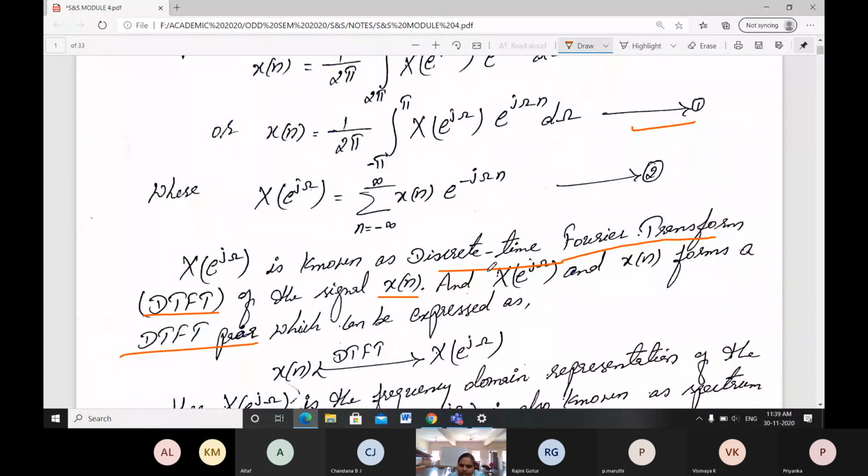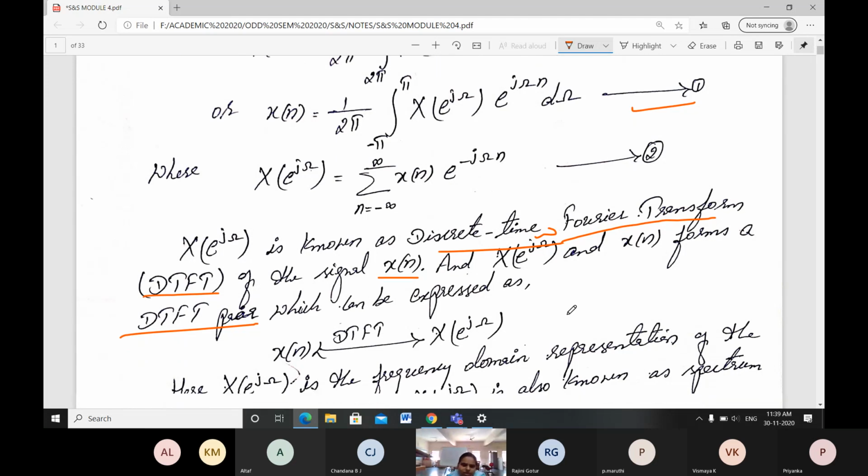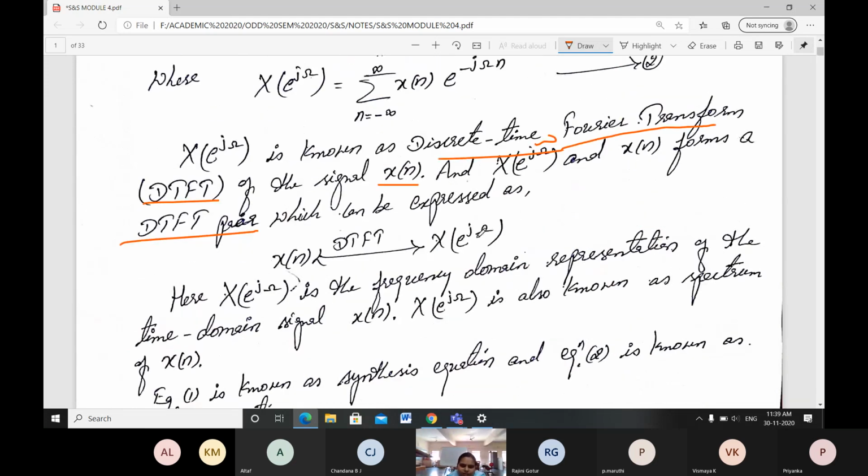In the Fourier transform X of e raised to j omega, this omega is for discrete time. The FT, Fourier transform, is for continuous time. X of n follows the DTFT pair, and its DTFT is going to be X of e raised to j omega.